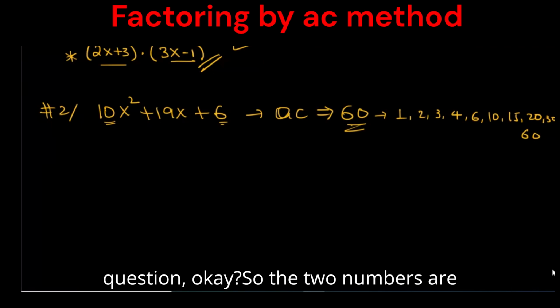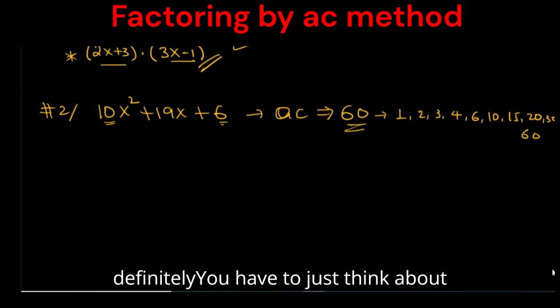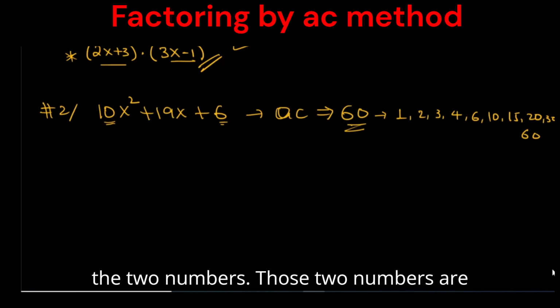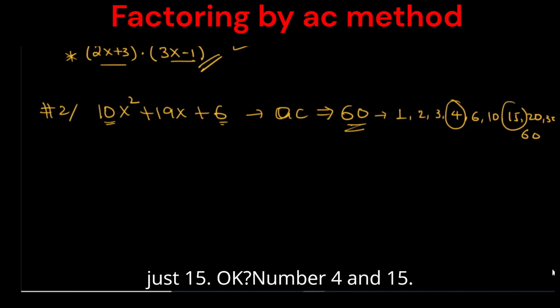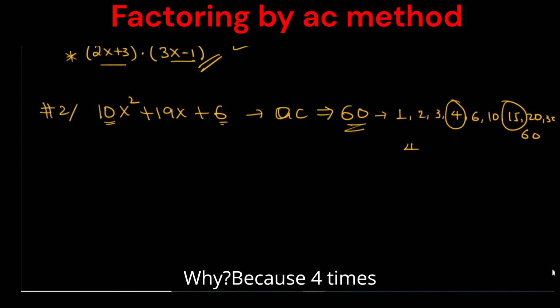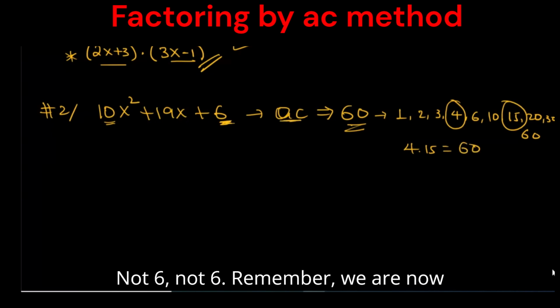So you have to just think about the two numbers. Those two numbers are 4 and 15. Why? Because 4 times 15 is equal to 60, not 6. Remember, we are now using AC.